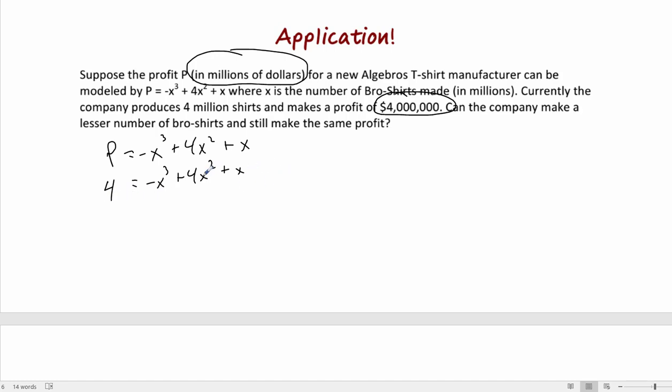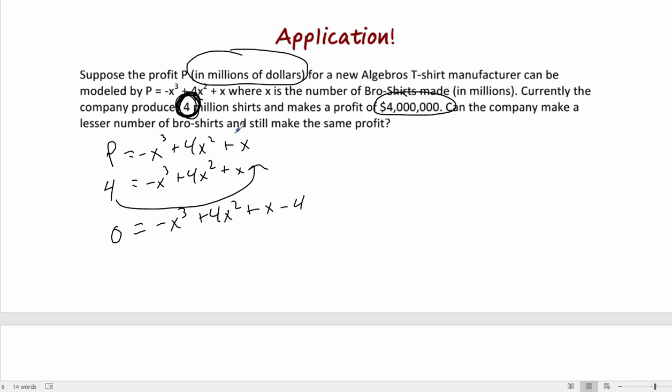Okay, and I still got all this stuff over here. Then this looks similar to a polynomial function, but this doesn't equal 0, so I need to bring it over, and now it will equal 0. 0 equals -x to the 3 plus 4x squared plus x minus 4. Remember, I got to subtract that to bring that over. Well, it says that I'm producing 4 million shirts.